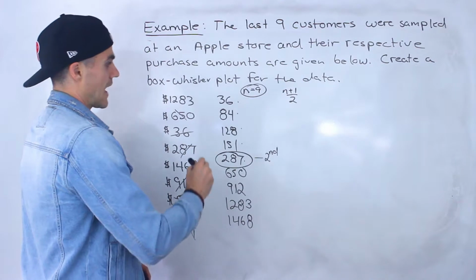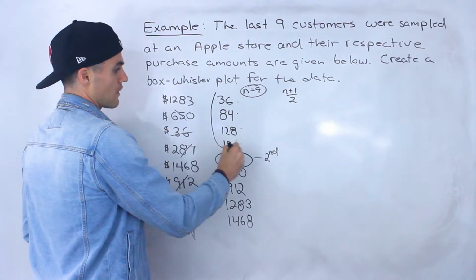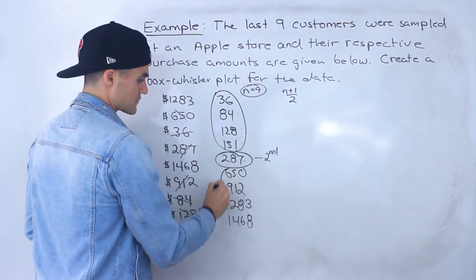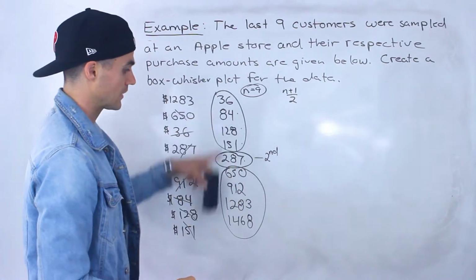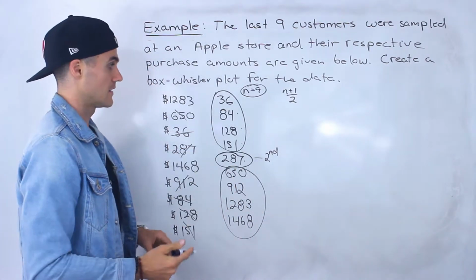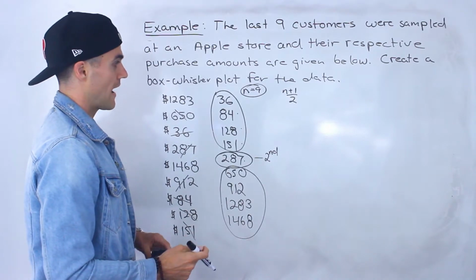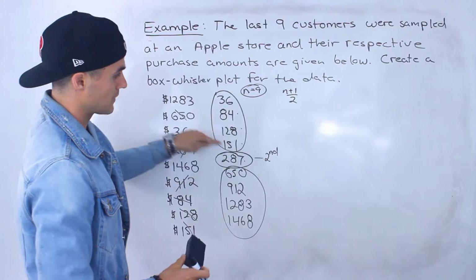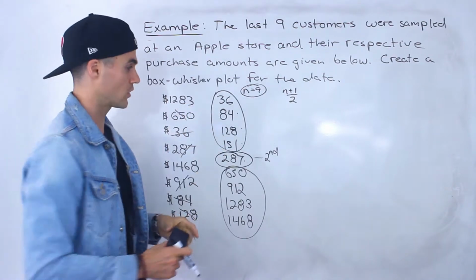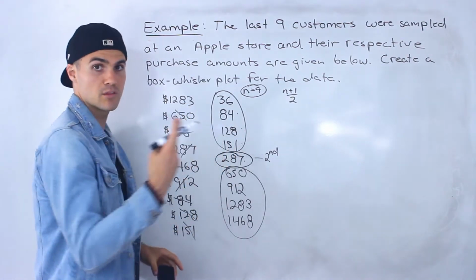And then notice that the first half of the data has 4 observations and then the second half has 4. And so we're dealing with even halves. And so we know that because there's an even number of observations in this group that we're looking at, when we find the median, we're going to have to find the average of the middle 2 numbers.